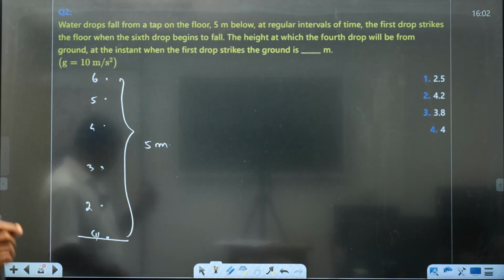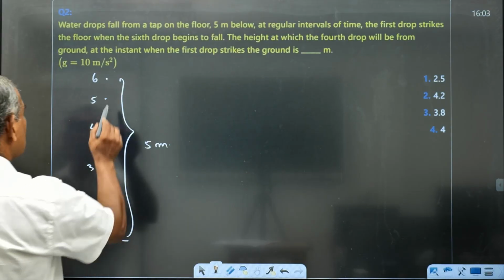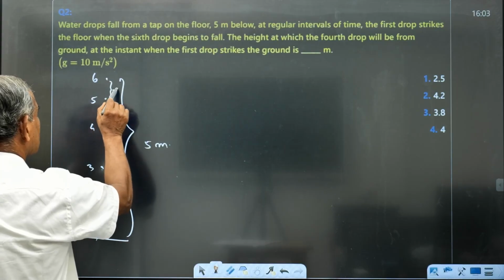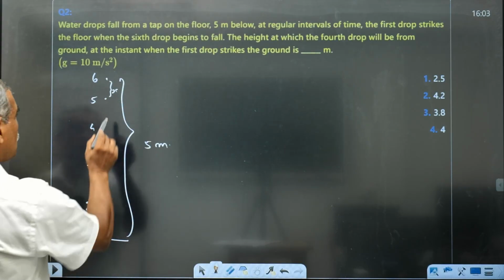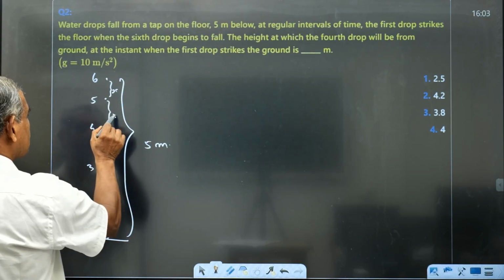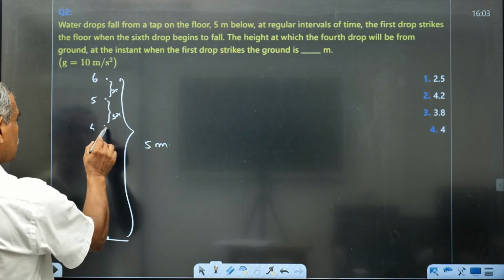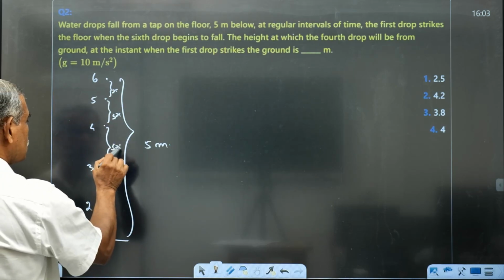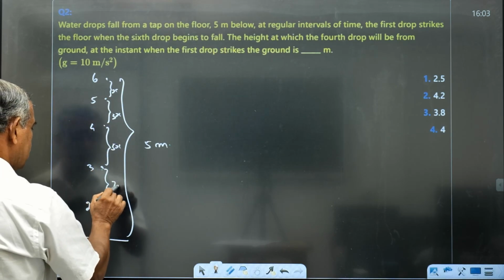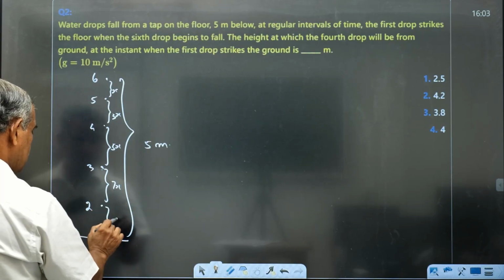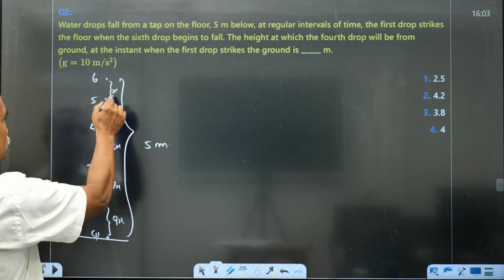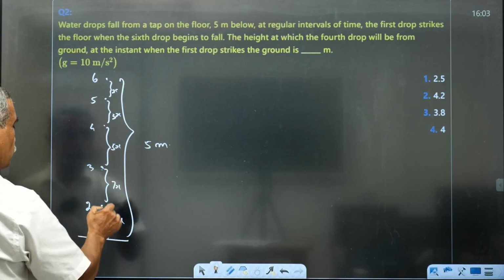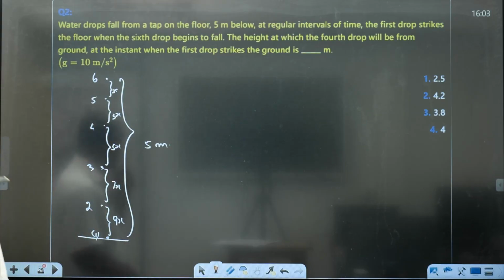In equal intervals of time, the displacements are in the ratio 1:3:5, etc. And therefore, if this is x, this is 3x, this is 5x, this is 7x, this is 9x. 1:3:5:7:9, Galileo's law of odd numbers.